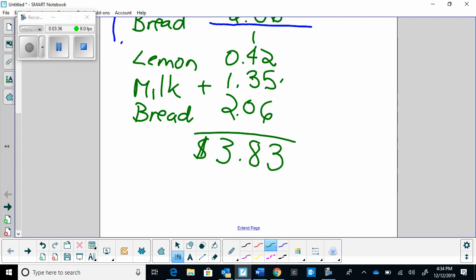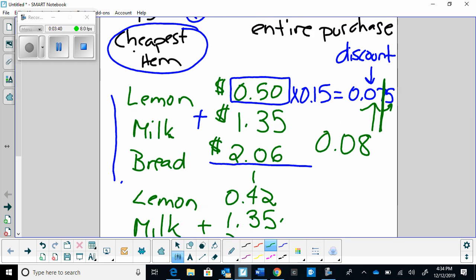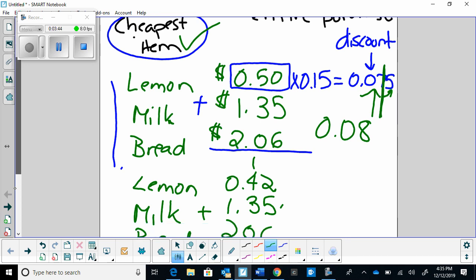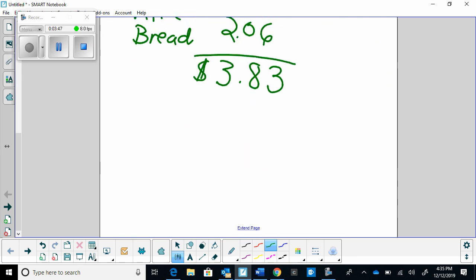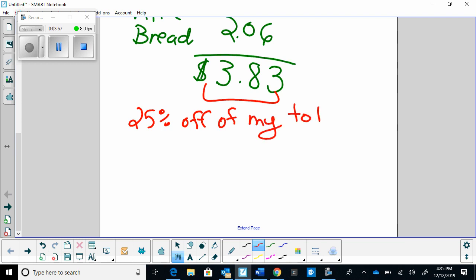Okay, so now that I've done this first coupon, going back, I've done this cheapest item coupon. Now I need 25% off my entire purchase. So now we have to figure out what's 25% off my total. Well, my total is $3.83.